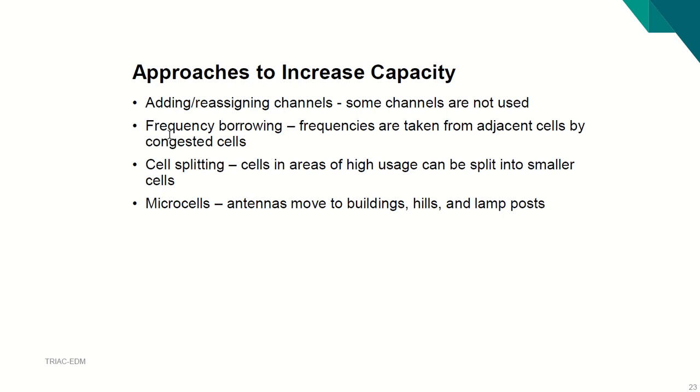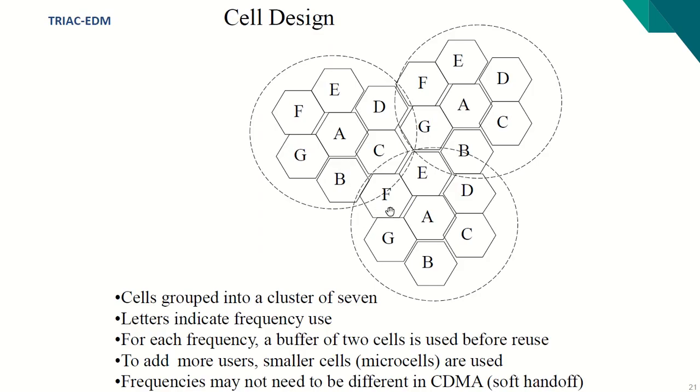The other thing is frequency borrowing. Frequencies are taken from adjacent cells by congested cells. So let's say you have a cell that is very congested, for example, this cell F. A lot of people go into this cell, so it's running out of its own frequencies. Then what can it do? It can borrow from, for example, this neighbor E, which has very few users.